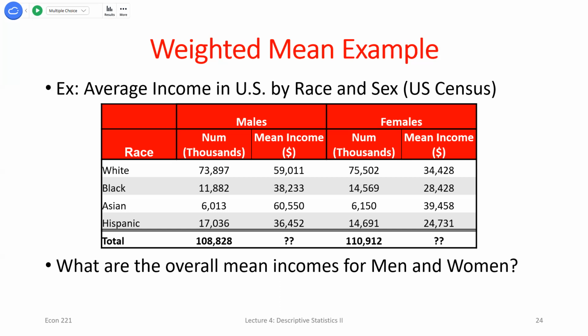I've got the mean income for males for each of these 4 different racial categories. How could I find the overall average or mean male income in the US? Well, I don't want to simply add those up and divide by 4, because that would be treating every group as though it represents the same number of people.